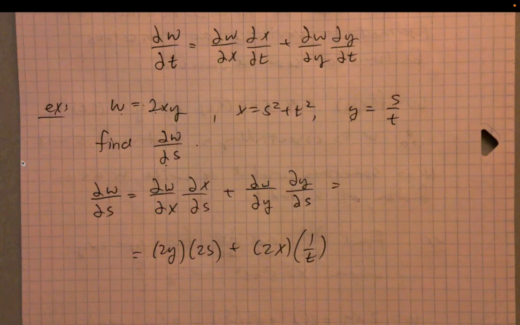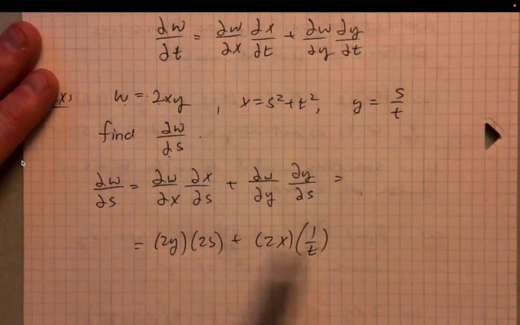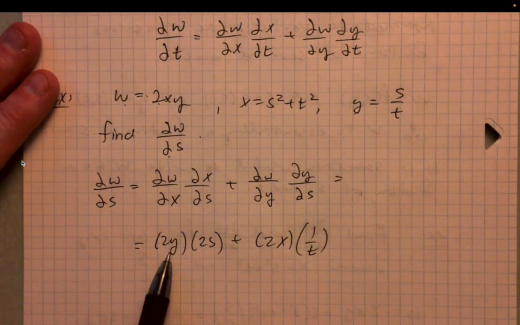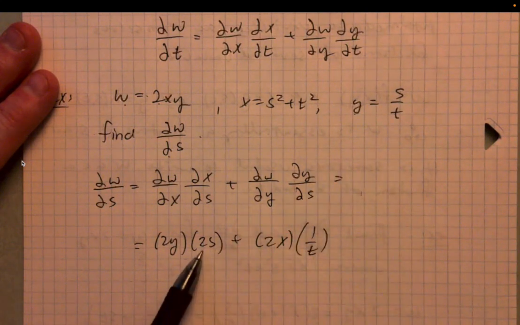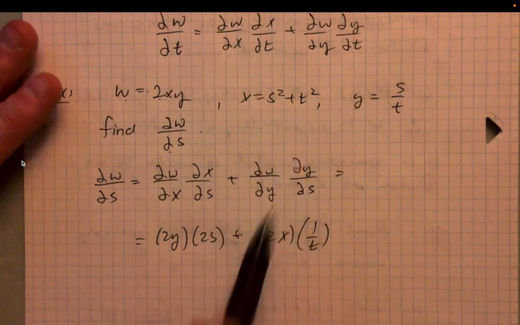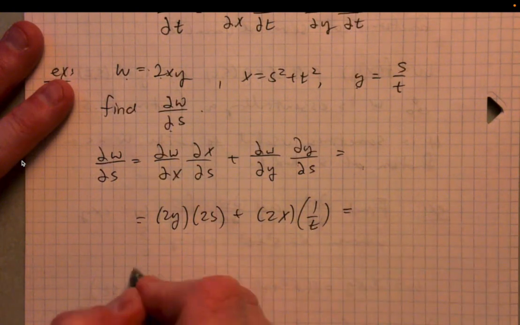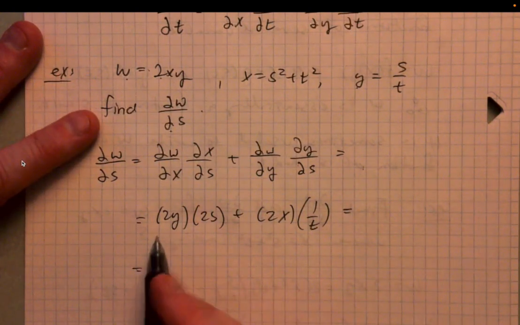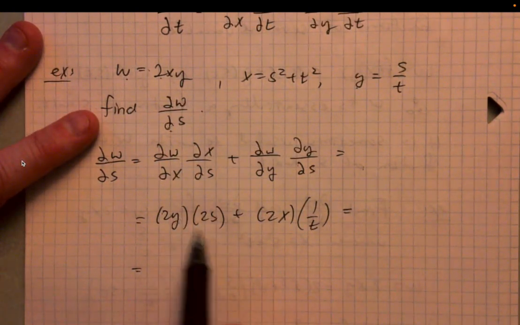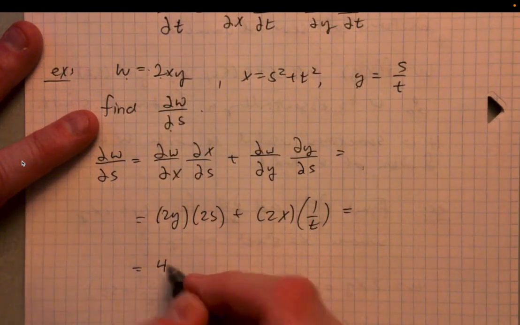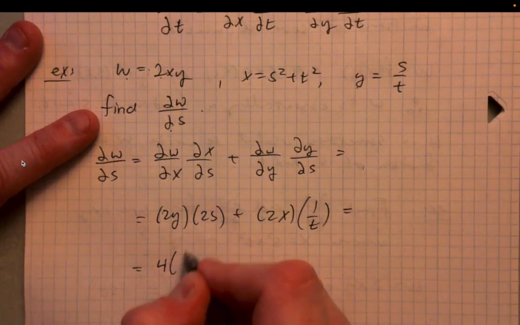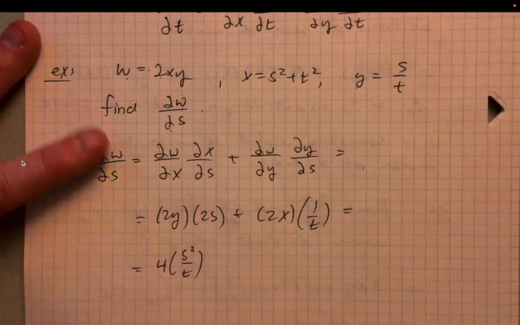Okay, and so we can go back through this, and everywhere we have a y, we can plug in s over t. Everywhere we have an x, we can plug in s squared plus t squared, and we'll be home free. So we could rewrite this first section here as 4 times s squared over t.